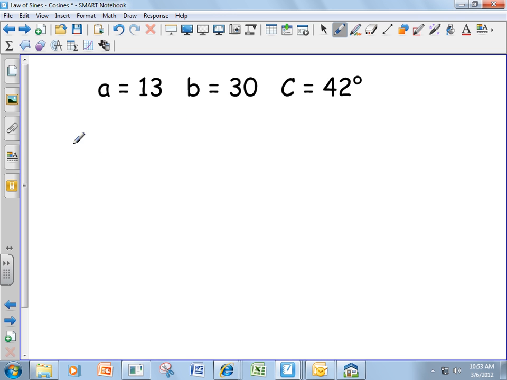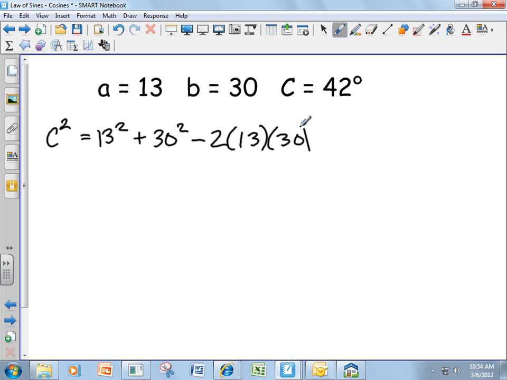From the information that I've been given, I am going to have to use the formula that is going to help me find side C. So that formula is c squared equals a squared plus b squared minus 2ab times the cosine of C. Some students figure out how to put all of this in their calculator at once.